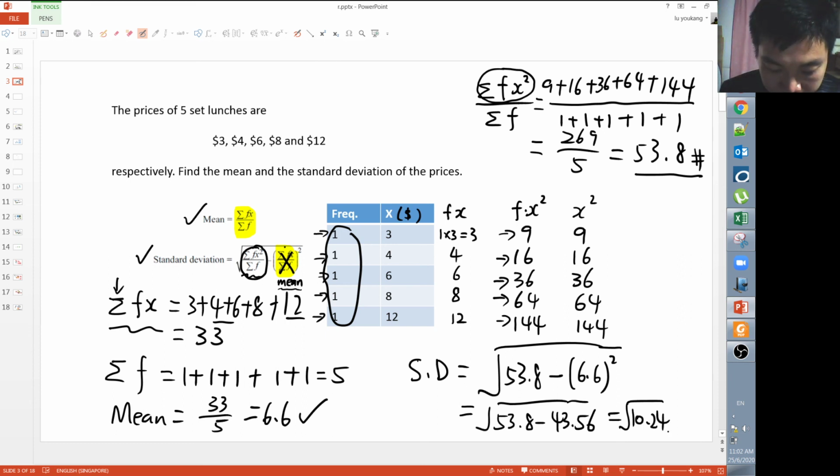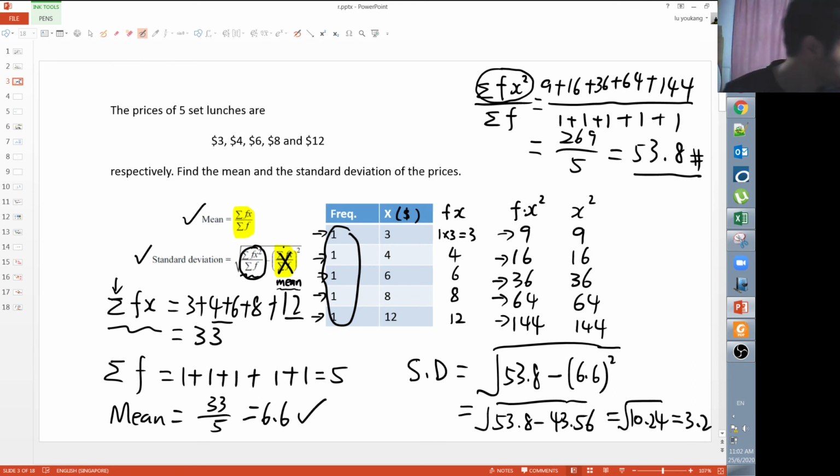I hope you can see it's pretty simple, because it isn't very hard. So your answer should be 3.2. Let me double check my answer. Alright, so it's 3.2. The unit is dollars. The units are never changed, and the mean is also in terms of dollars. So you have already found your mean and your standard deviation of this data set.